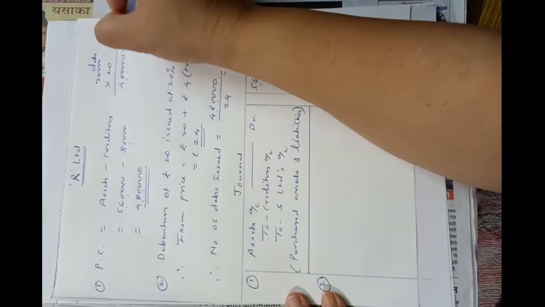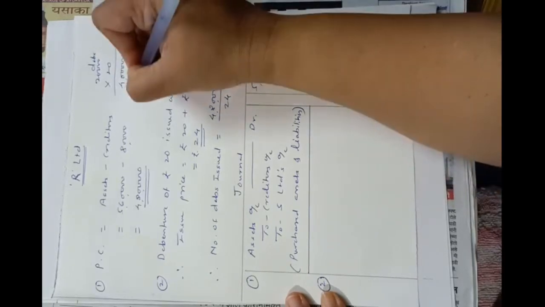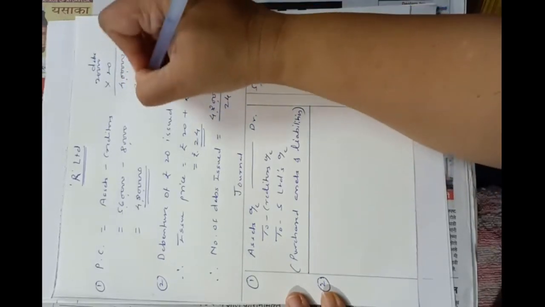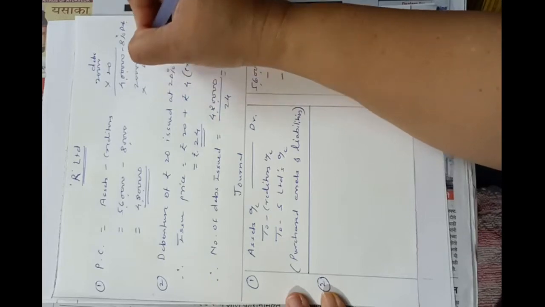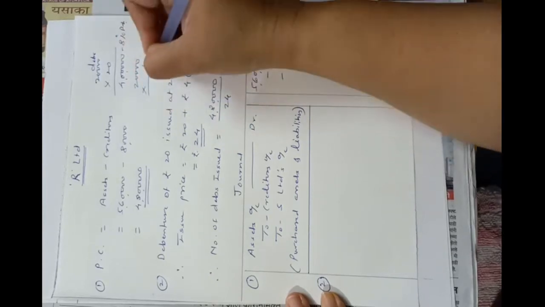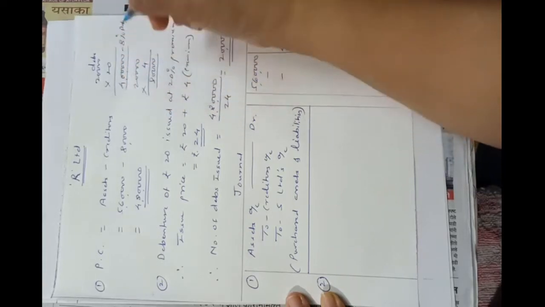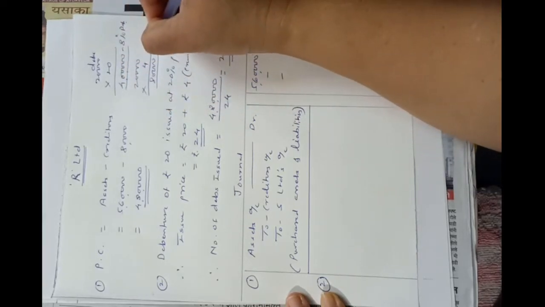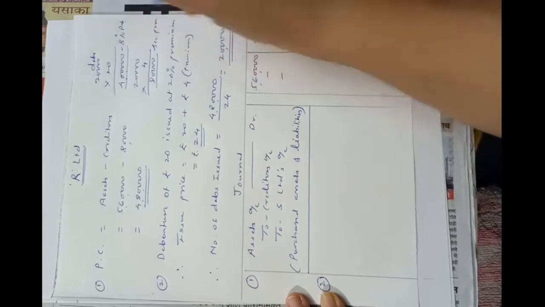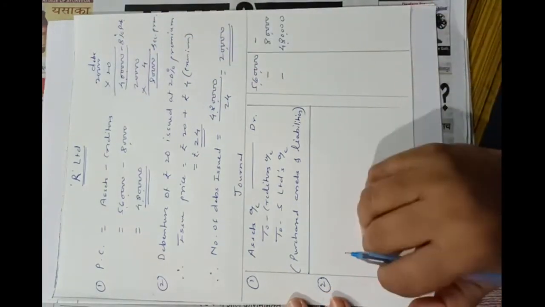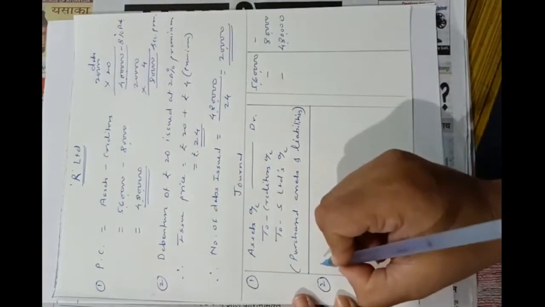Okay, 8% debentures, and 20,000 debentures into 4 rupees premium, that is rupees 80,000, will be securities premium. Understood? So here we have to pass the entry.